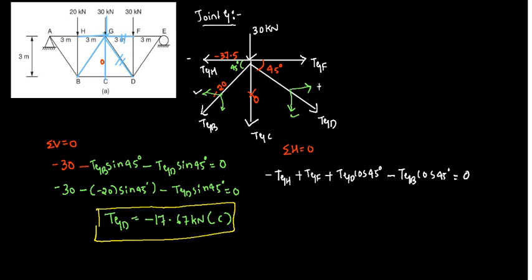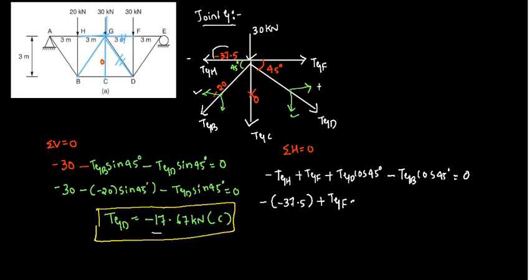Now we need to substitute the values. TGH value we have, that is minus of minus 37.5, you need to substitute, plus TGF as it is, then TGD cos 45.